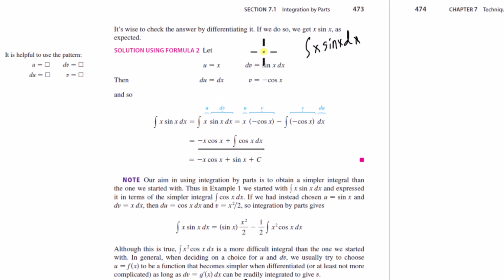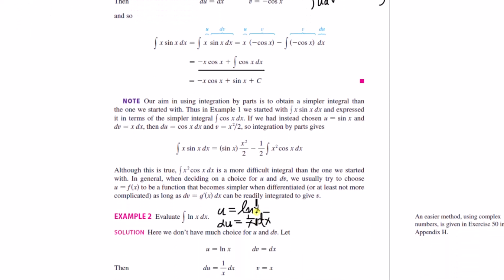And then you say, integration by parts is the integral of u dv equals uv minus the integral of v du. So then they said dv is equal to sine x dx. Okay, so I'm messing that up.